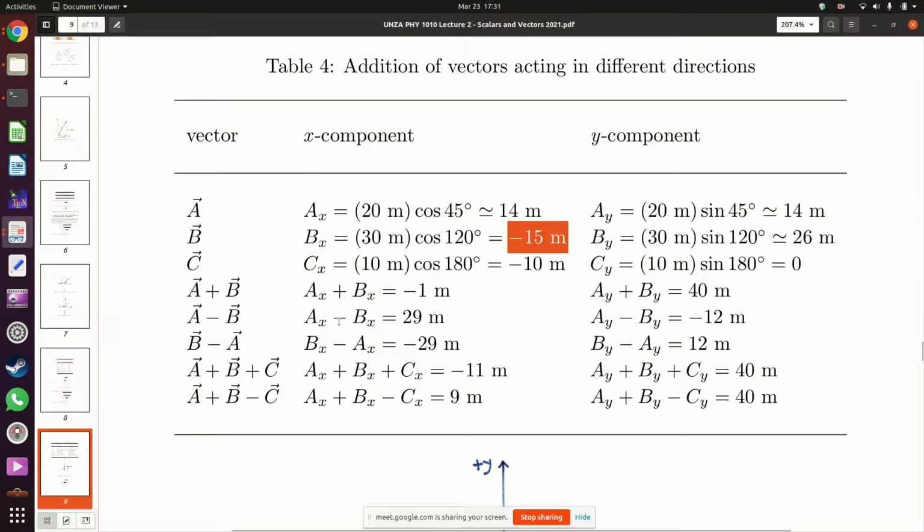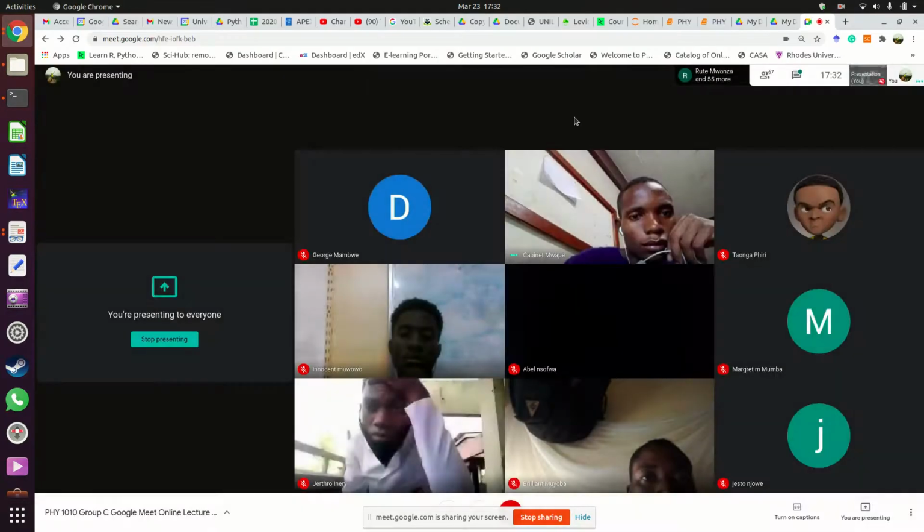So ax minus bx is equal to 14 meters minus another minus 15 meters. 14 meters plus 15 meters is going to give you 29 meters. Is that clear? Yes, sir.